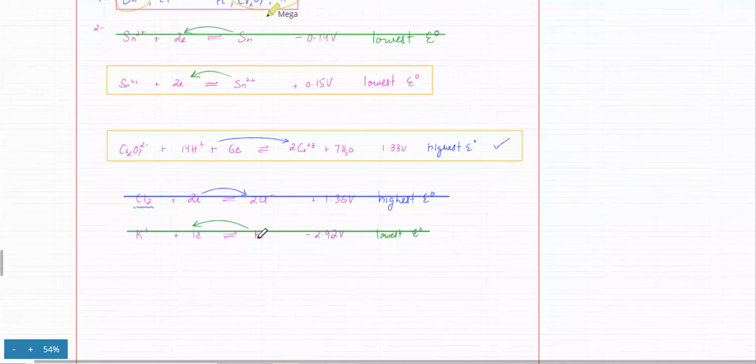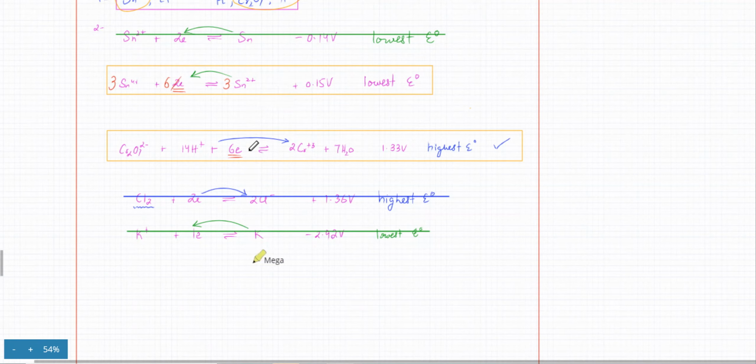To write the overall equation, I need to balance the number of electrons that are lost and gained. So in this equation over here, one of the equations is losing 2 electrons, the other one is gaining 6 electrons. So to make them equal, I'm going to multiply this by 3. So this 2 would become 6. So you multiply one of the equations or both of the equations so that the number of electrons lost and gained become equal.